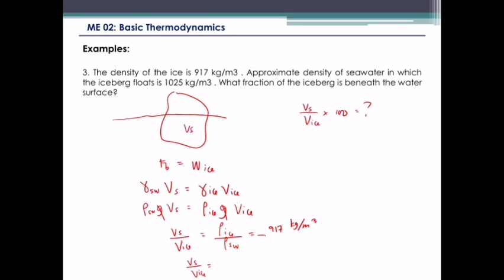This is 1025 kilograms per cubic meter. Cancel out. So you now get 0.8946, then times 100%. The answer now is 89.46%. Okay.